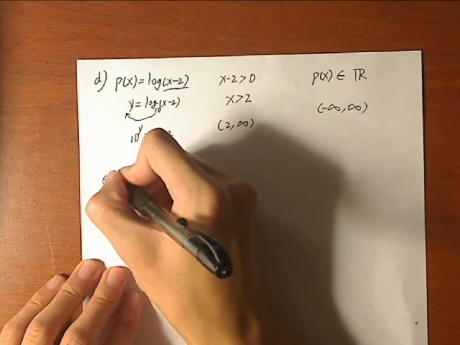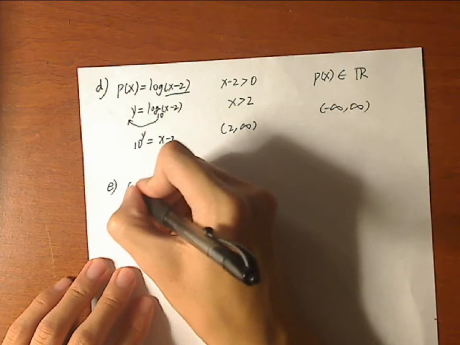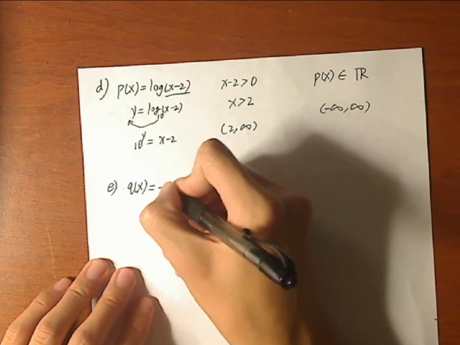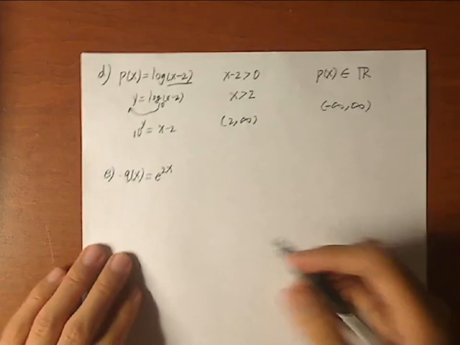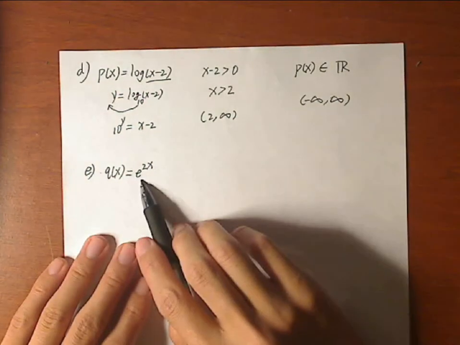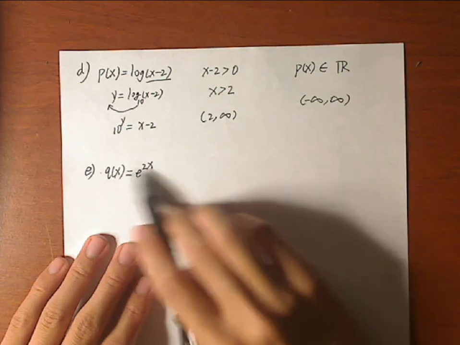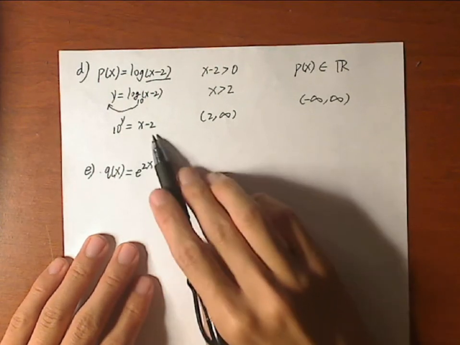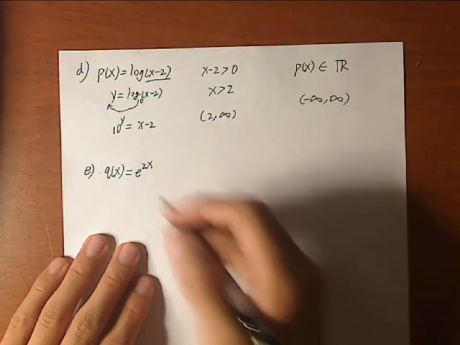Let's do E. Q of x equals e to the 2x. The only difference from the previous one is that things are reversed. The function comes here, and you might think the domain and range may reverse.